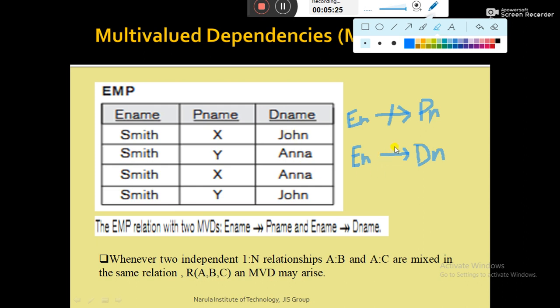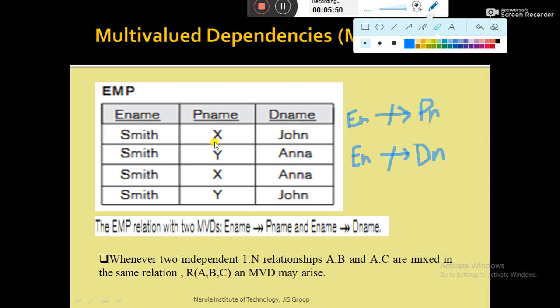So that means this functional dependency also doesn't exist. Similarly, we can't write pname arrow dname because for a particular value of pname X, we have two values, John as well as Anna. So we can see that the relation EMP has no functional dependencies.